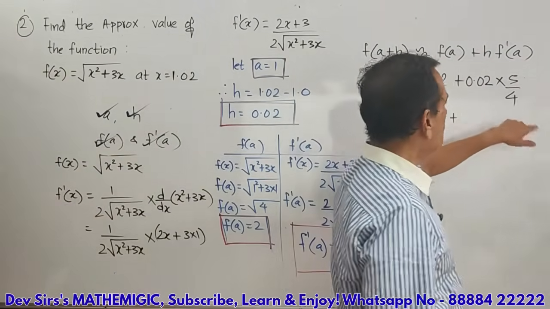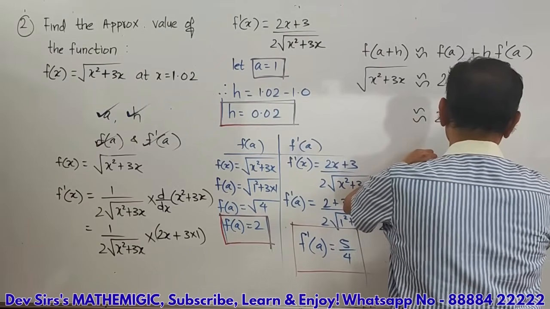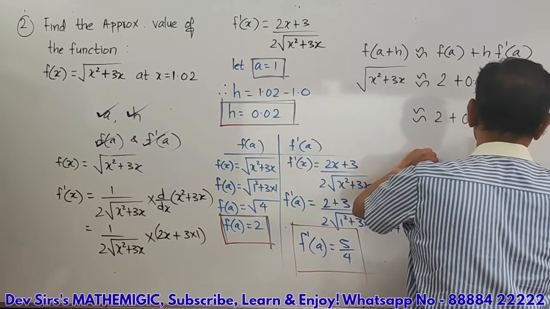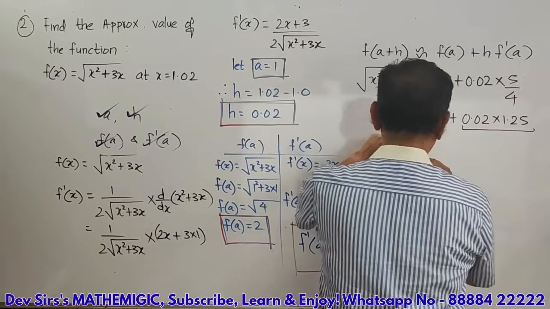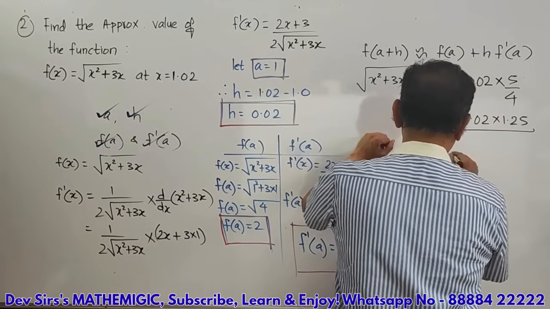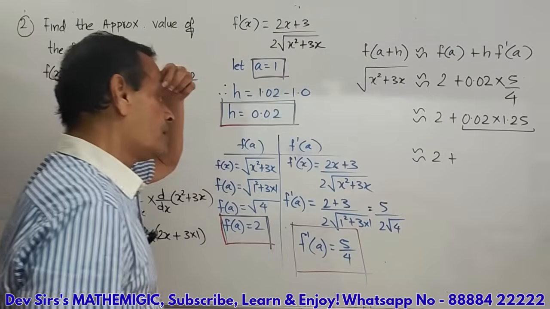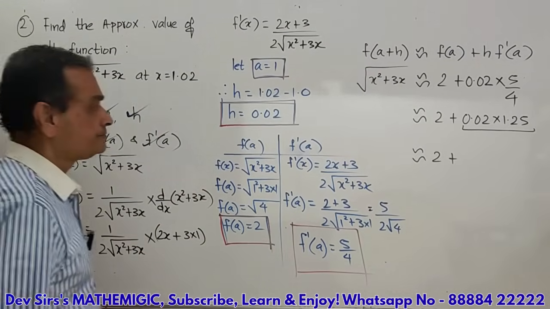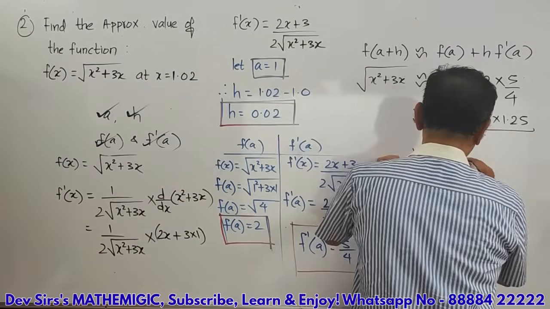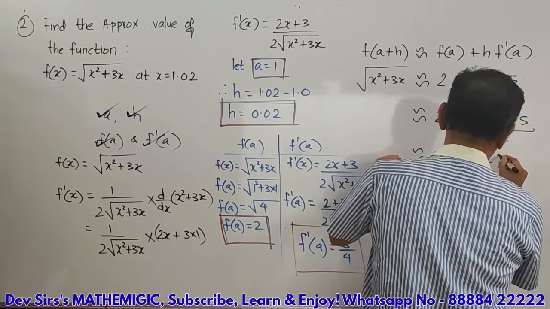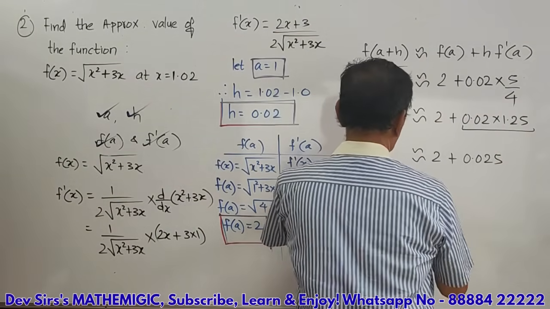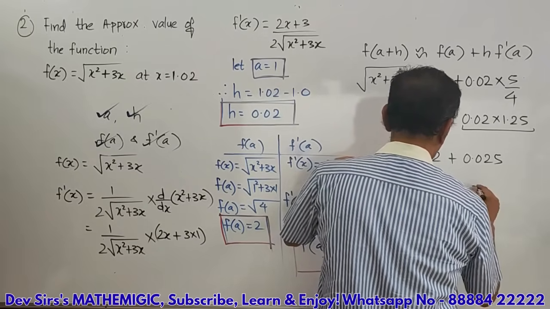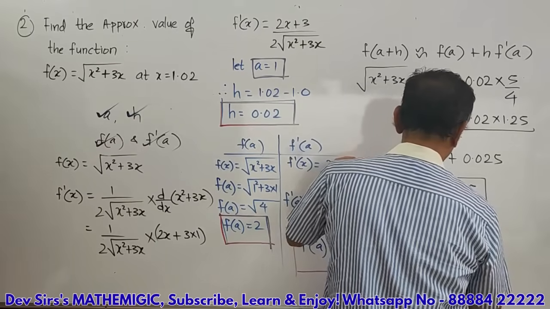Now you can say 5 by 4 is 1.25. Multiply these two: 0.02 into 1.25. So the final answer is, if you add this, that is the option given.